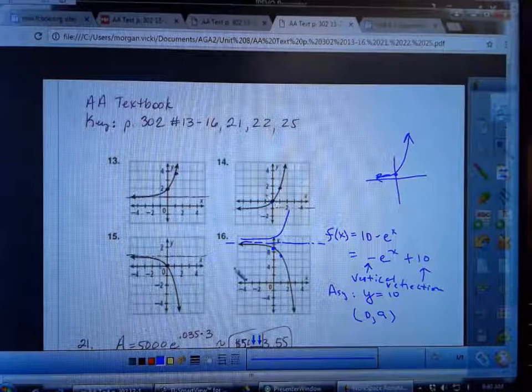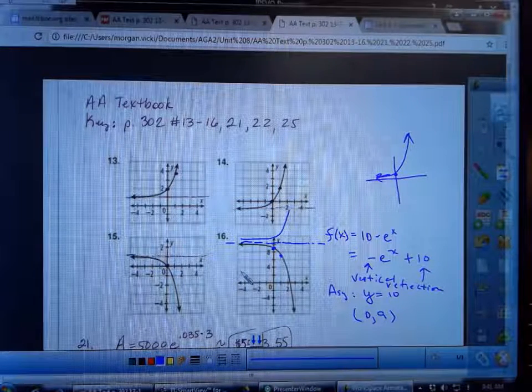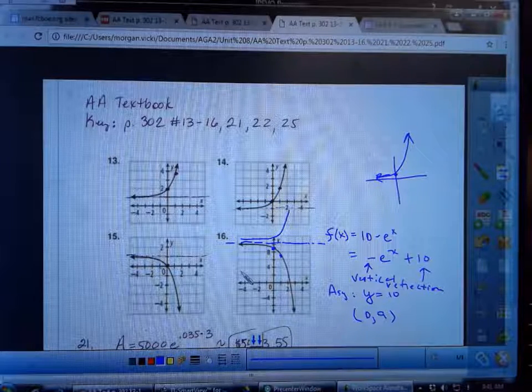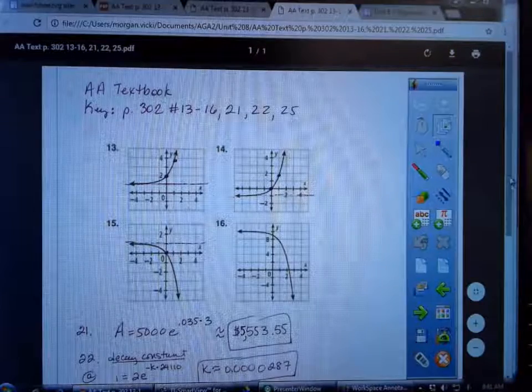Okay. And like I said yesterday, when you graph the exponential with your base of e, you're approximating, because you're not going to know exactly what the point is because they're decimals for the most part. Occasionally, like when you have e to the 0, you get a 1, that kind of thing you could graph. So, all right, let's go to the bottom part and see how that looks.